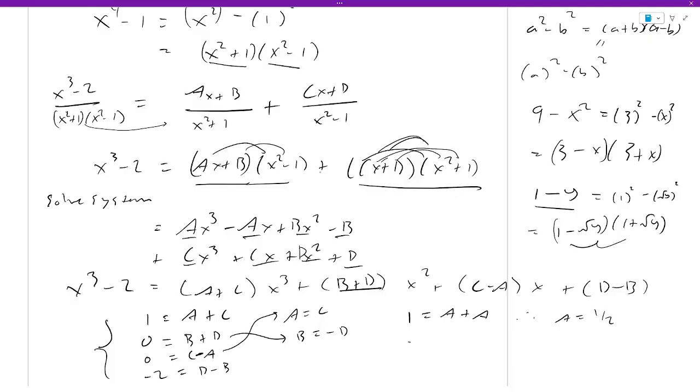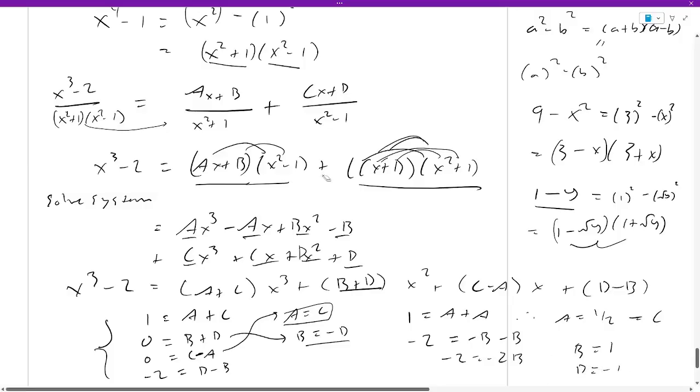And then maybe from the fourth equation, -2 is d, so d is -b minus b. So I have -2 is -2b. So b has to be 1. We know that a and c are equal, so c is also equal to 1/2. And b is minus d, so d is -1. So we get our 4 numbers right away.